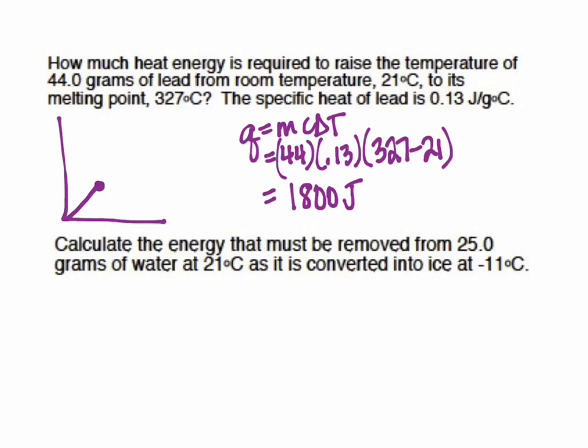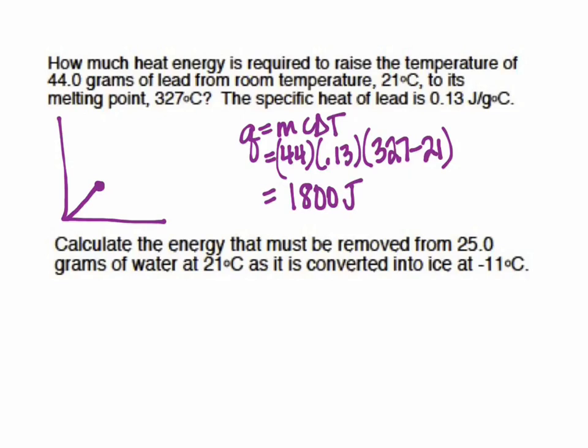Okay, hold on. I'm going to pause this real quick. So does that make sense? We are going from a solid to a liquid, so should our Q be positive or negative? We're adding heat, right? So it should be positive.